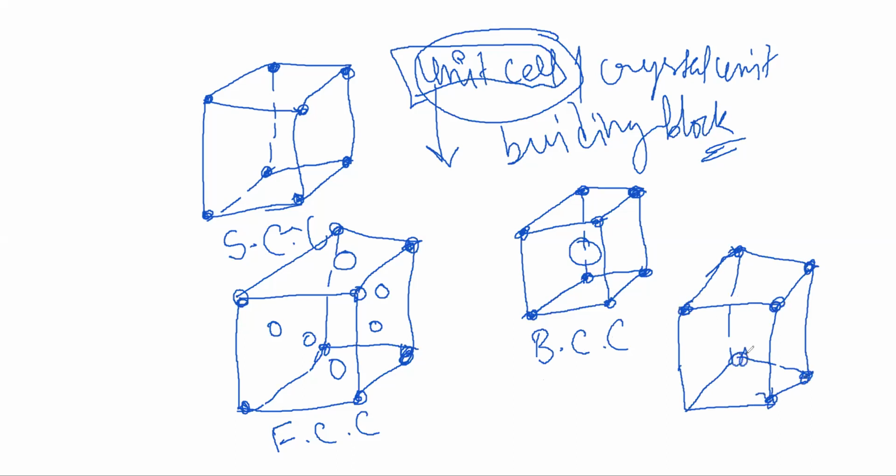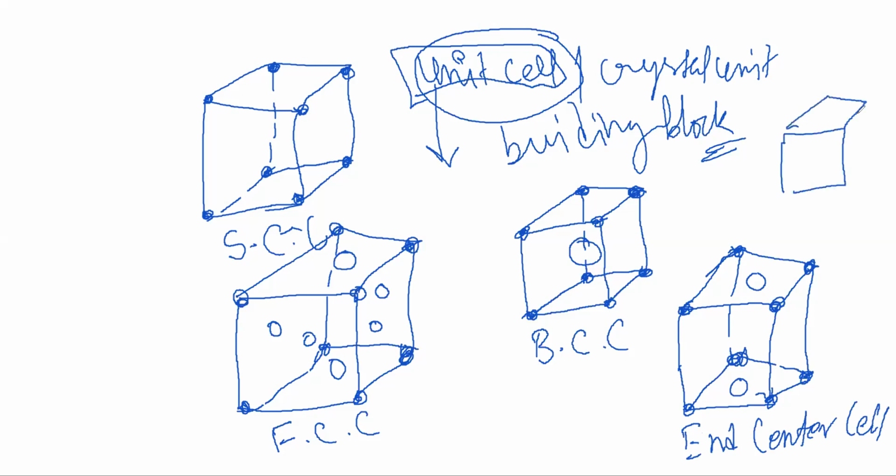And apart from these corner atoms, there will be either a top or bottom, which is known as end centered, at the end faces, end centered cell, or you could say ECC, or either there will be the faces at the opposite ends, like the right and left, or the front and back.